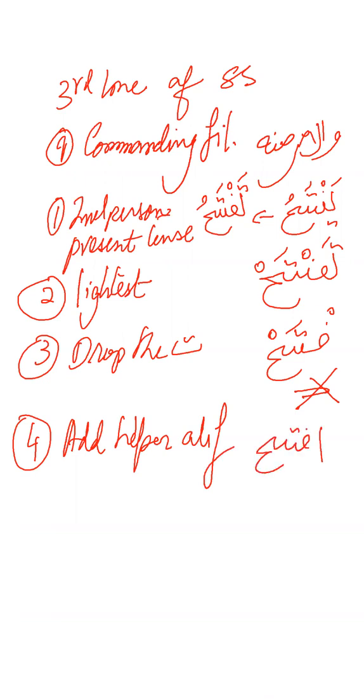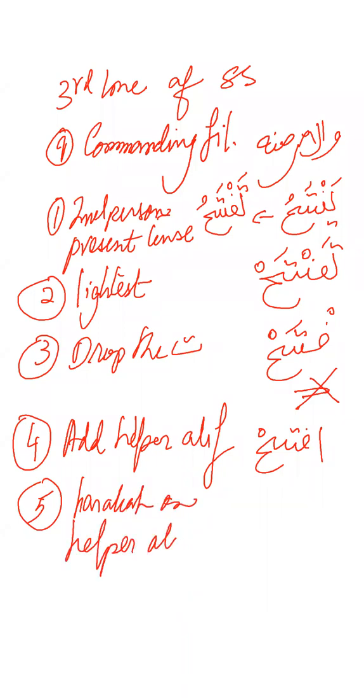And what will be the haraka on the helper alif? Zabar? Of kasra. We have kasra, fatha on the end kalima: aftah.